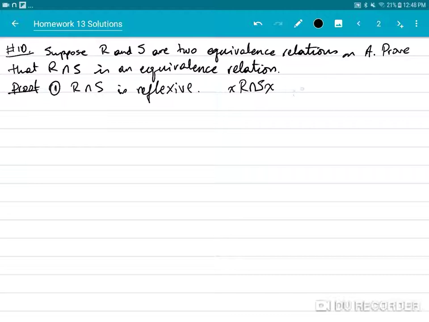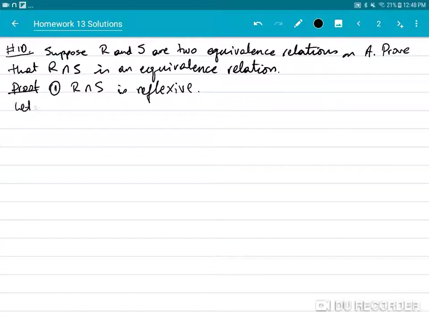I'm going to write (X, X) is an element of the relation R intersection S. This is what I would be using. It's kind of long and ugly notation. Okay? For each X, we need to show that (X, X) is an element of the R intersection S relation.